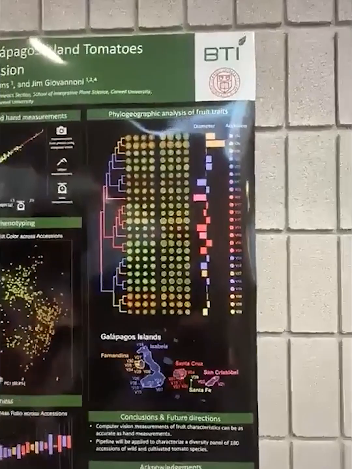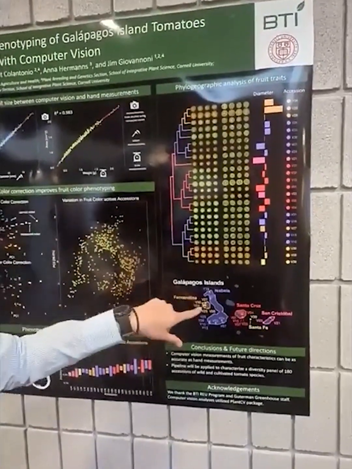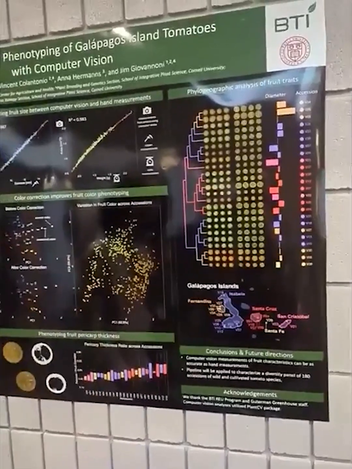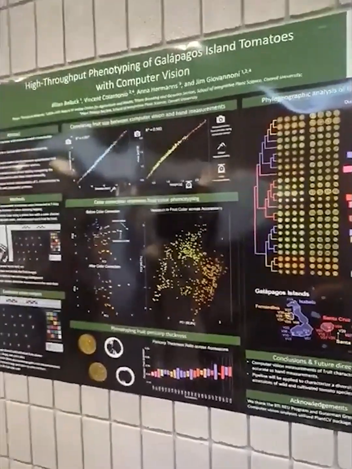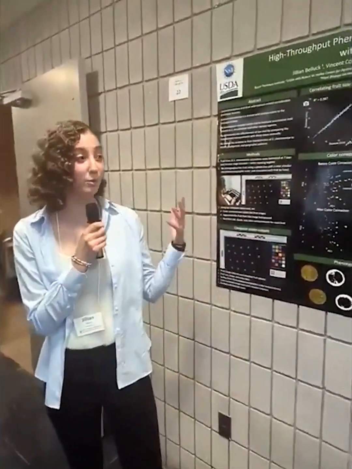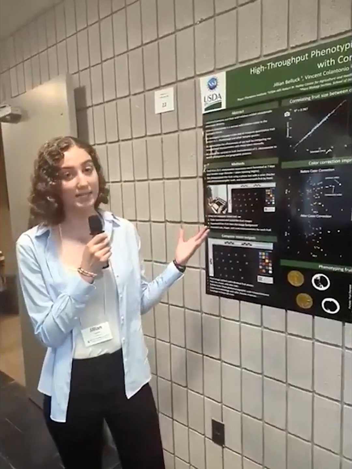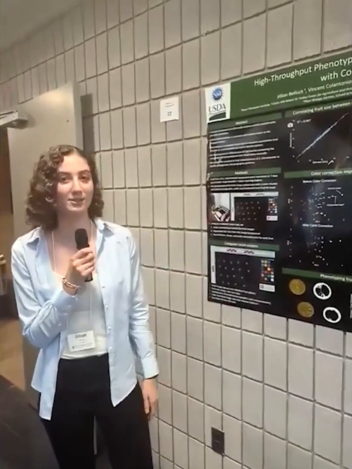They don't turn yellow or orange while they ripen, but the ones from this Fernandina island do turn orange. We're looking at variation in size and shape, and eventually we're aiming to apply this pipeline to the almost 200 different varieties that we have growing in the field, and that's cultivated tomatoes as well as the wild tomatoes.